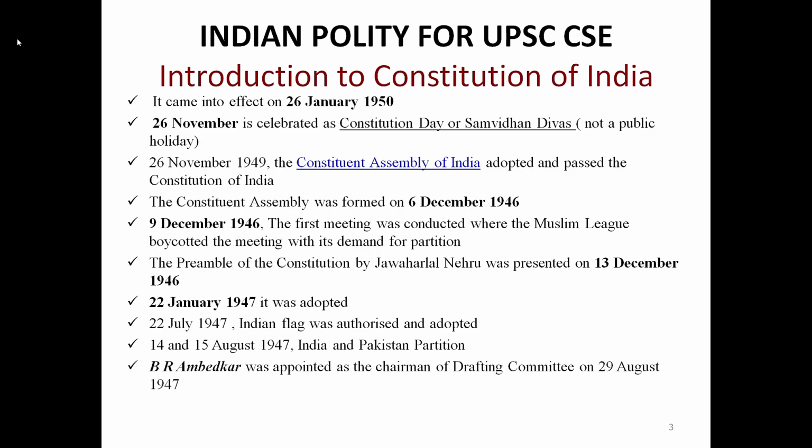Later, on 29th August 1947, after our independence, B.R. Ambedkar was appointed as the chairman of the drafting committee. The drafting committee is a part of the Constituent Assembly. So the drafting committee was to prepare and draft the constitution, and B.R. Ambedkar was its chairman.